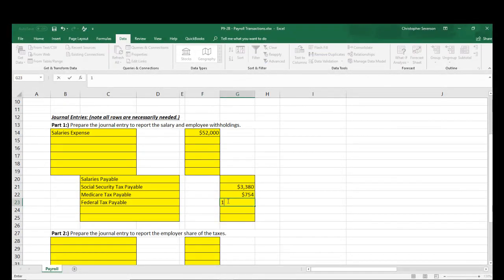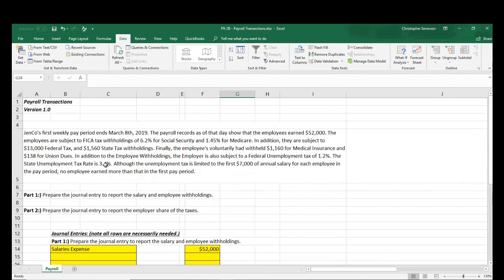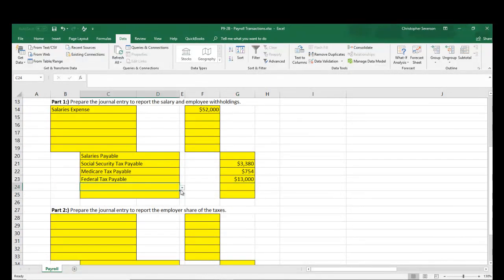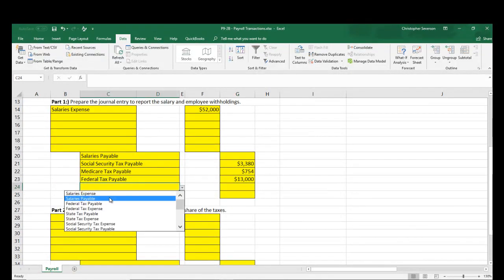That's not an easy, simple percentage. Anybody that's dealt with payroll in the past knows there's a withholdings chart depending on how many dependents you have and a variety of other things. So that's a flat $13,000 in this case. $1,560 state tax withholdings.